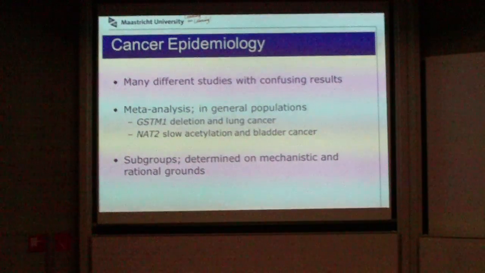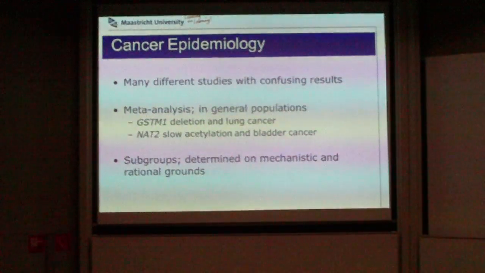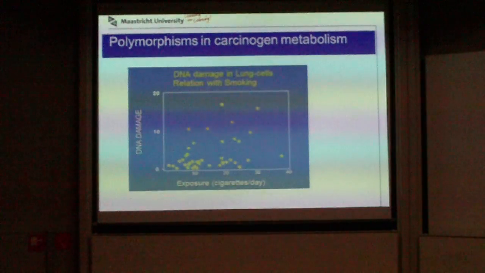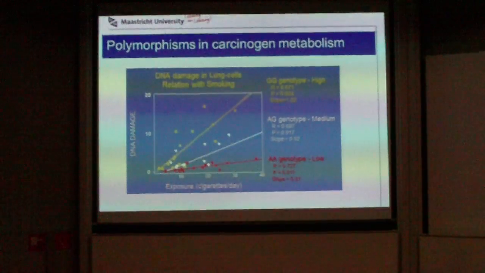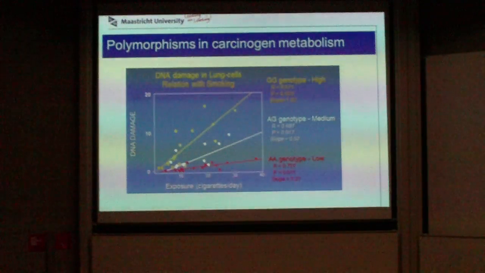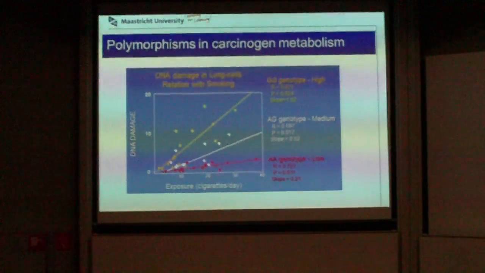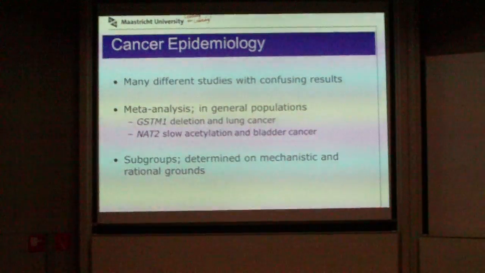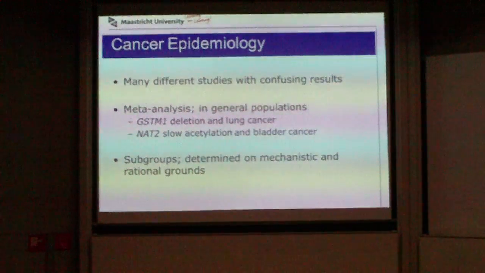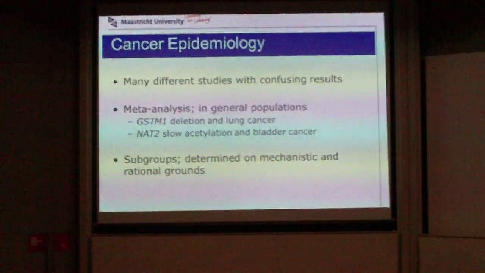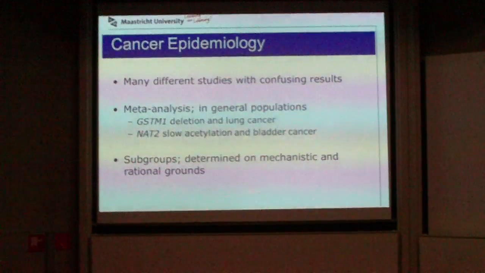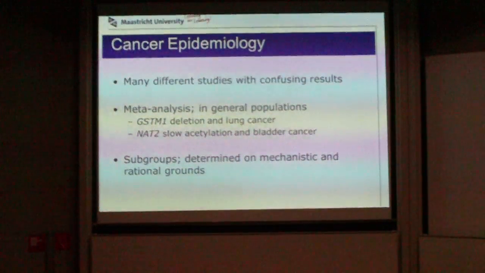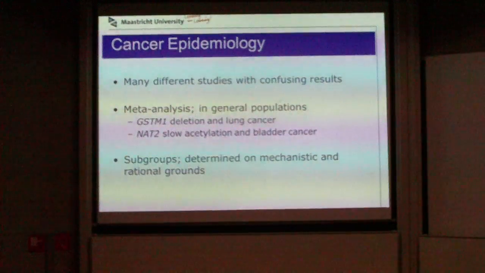So if you ignore the genes, then you get this plot and you think, well, there's no correlation. But if you would have had this information on the genetic background, then you can see that there are certain subpopulations that definitely have an increased risk as a result of an environmental exposure. So identification of these subgroups based on mechanistic and relational grounds can be very helpful in these epidemiological studies.